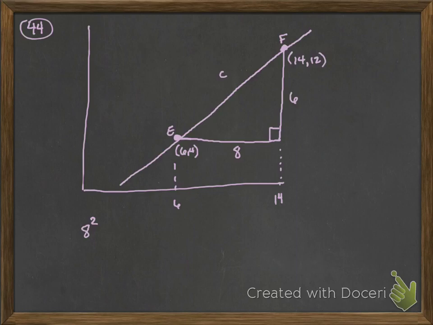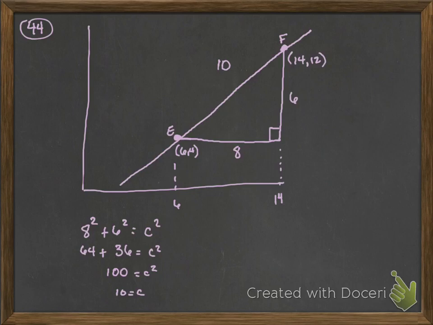So 8 squared plus 6 squared is equal to my C squared. All right, so we have 64 plus 36 is equal to C squared. And what does that give me? 100 is equal to C squared. So C is equal to 10. So this whole distance here is equal to 10. All right.